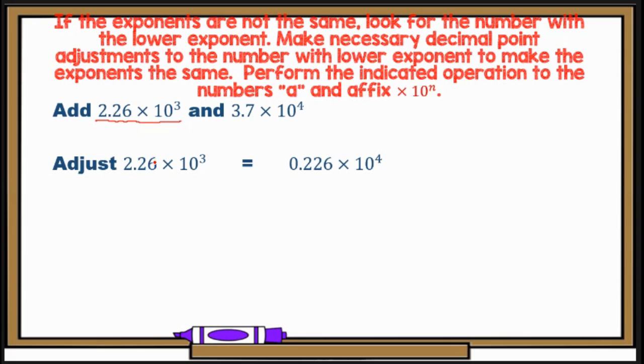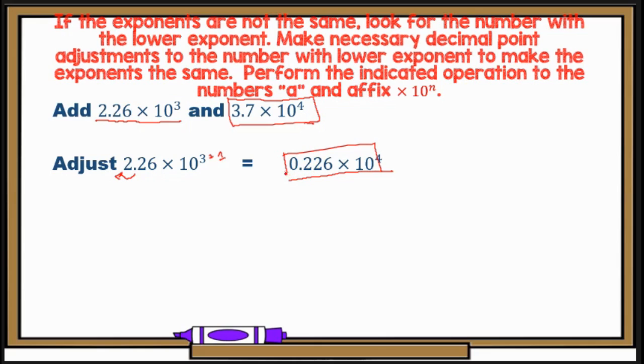If we move 1 decimal place to the left and add 1 to the exponent, you will end up with 0.226 times 10 raised to the power of 4, giving us two numbers that have equal exponents.